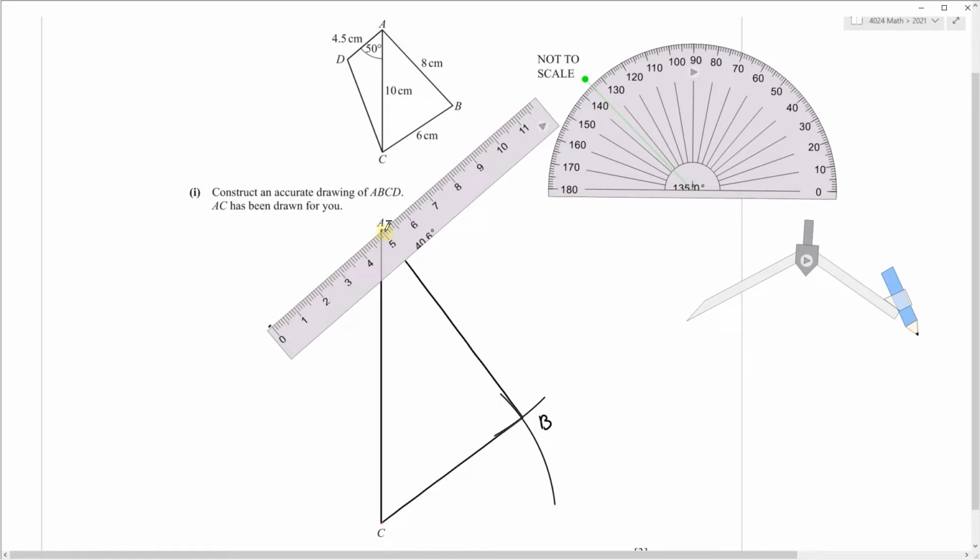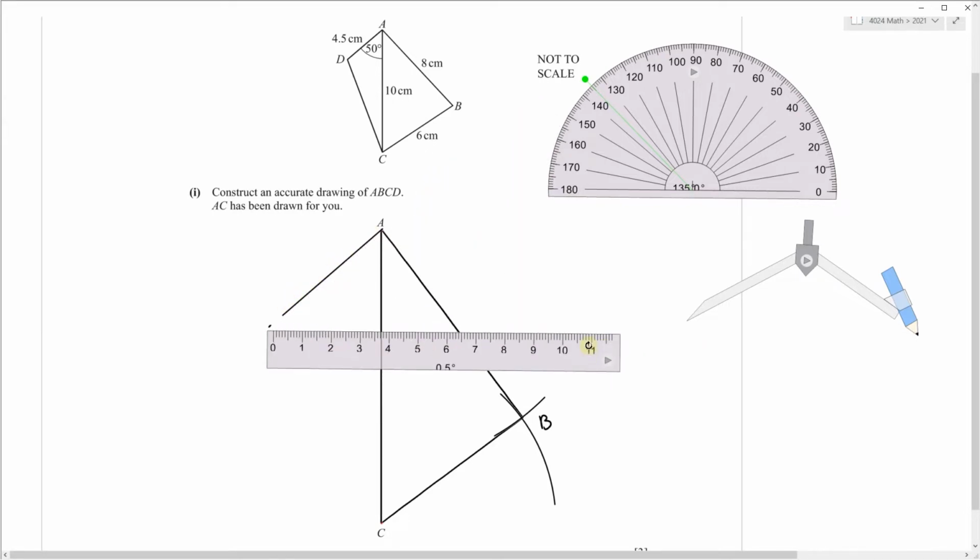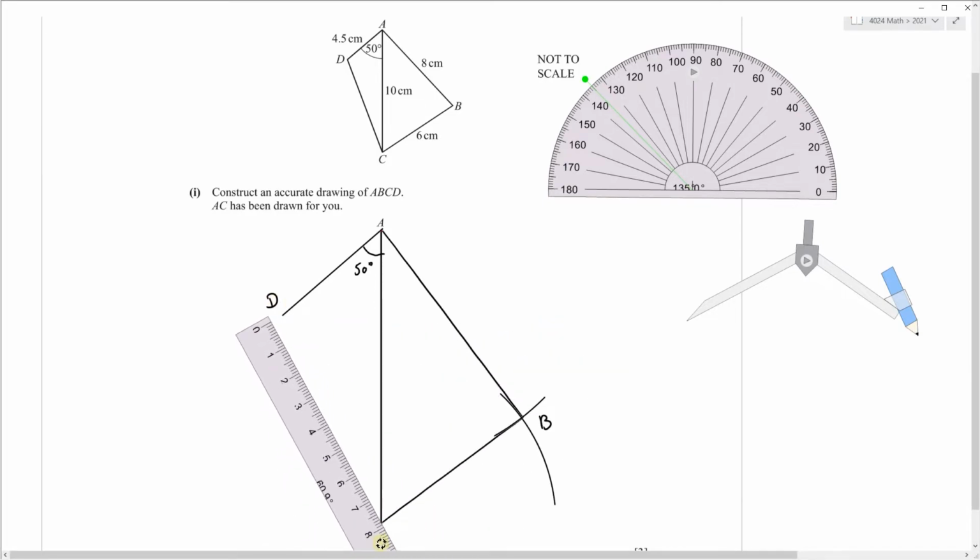So I have to draw my line up till 0.5 here. So now this line has length 4.5 centimeters, and this angle here will be 50 degrees, and this is your point D. And then I can simply connect this point D with my point C as well to complete my quadrilateral ABCD.